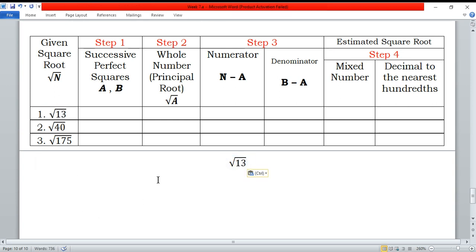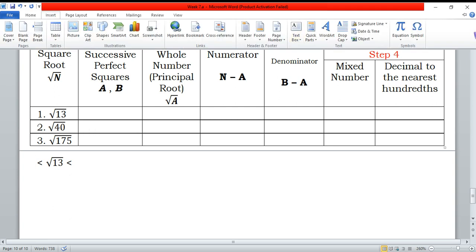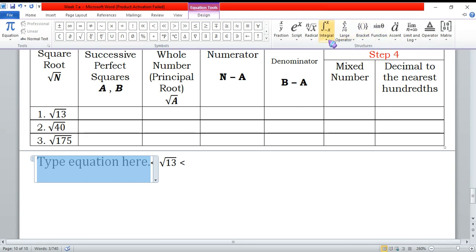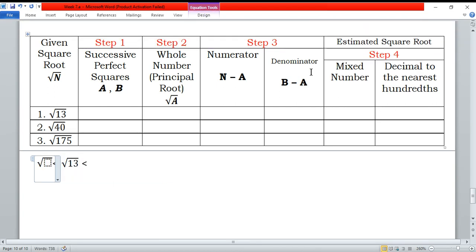Square root of 13, less than, ito naman ay greater than. Mag-insert tayo ng square root dito sa kaliwa, tapos dito sa kanan.